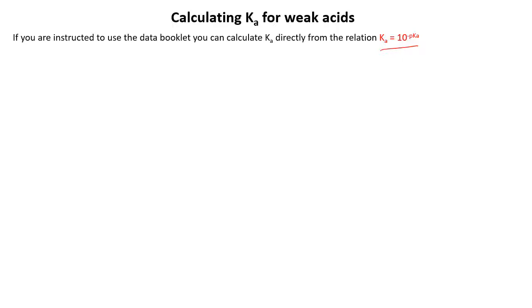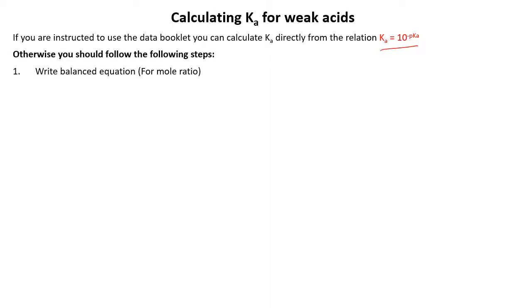But if you are not instructed to use the data booklet, or if this acid is not in the data booklet, you have to follow some steps. The first step is to write a balanced equation, which indicates the mole ratio. The second step is to calculate the concentration of hydrogen ions or hydronium ions from the given pH, using 10 to the power negative pH.